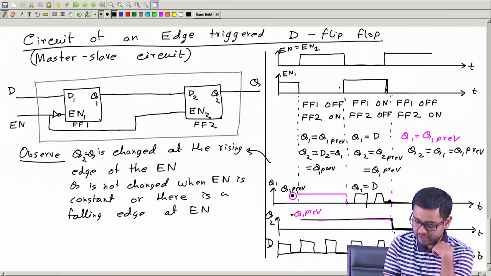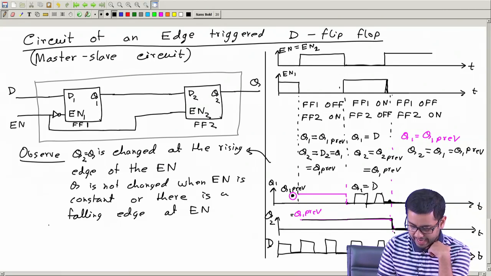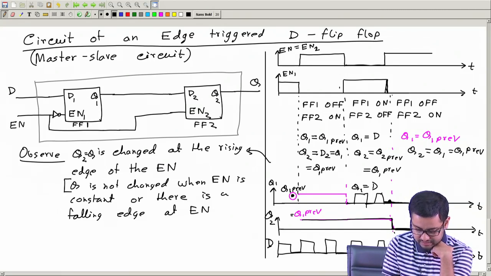So it changes only at the rising edge and it does not change at the falling edge.